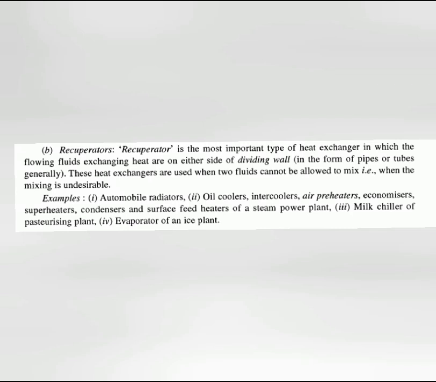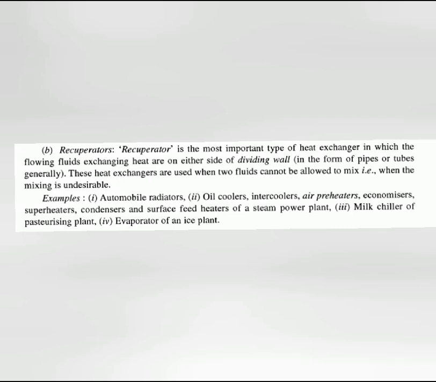It could be in the form of a pipe or tube, with inside space and outside. Examples: automobile radiator, oil coolers, intercooler, etc. So these are basically the two categories.